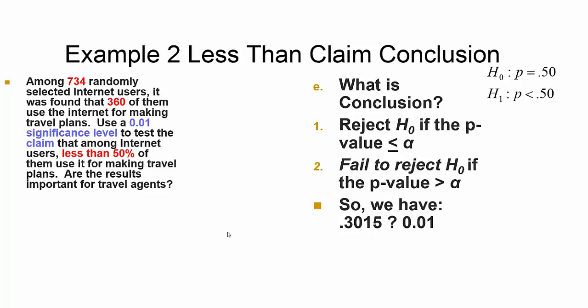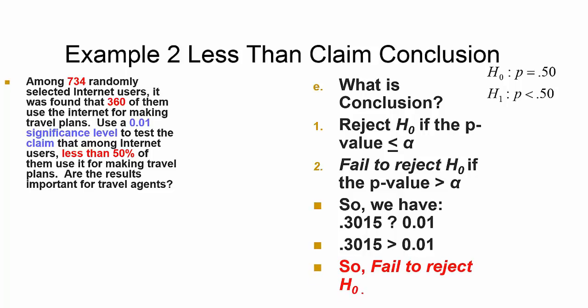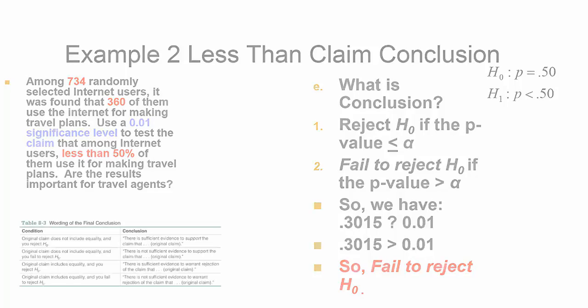So I reject the null if the p-value is less than or equal to alpha, and I fail to reject if the p-value is greater than alpha. So we got 0.3015 for our p-value. That's obviously greater than the significance level. So I would say fail to reject the null. So remember, that's not our final conclusion. That's just going to help us get the wording.